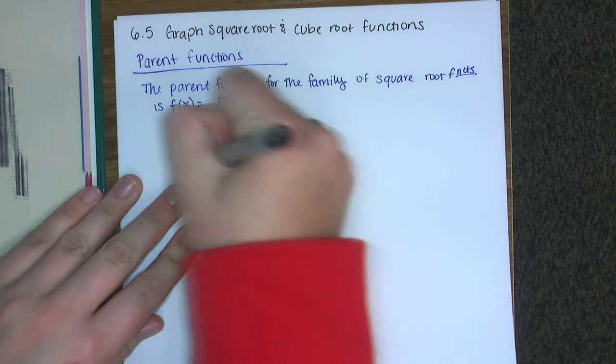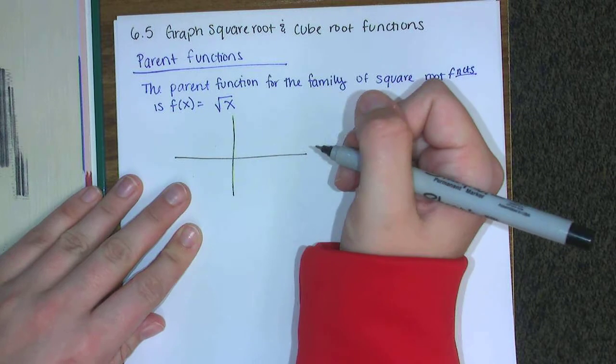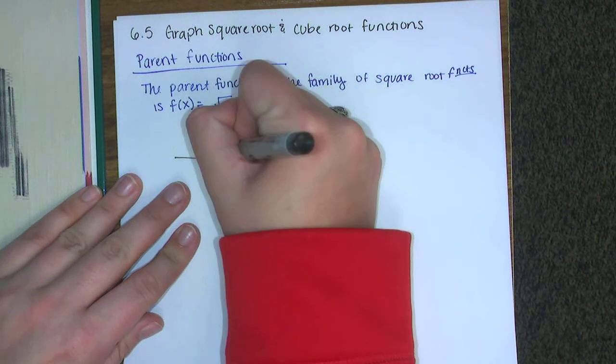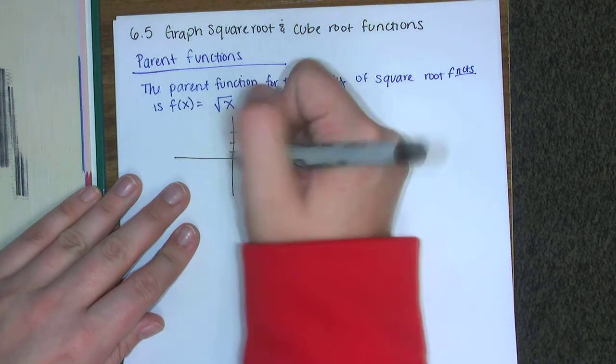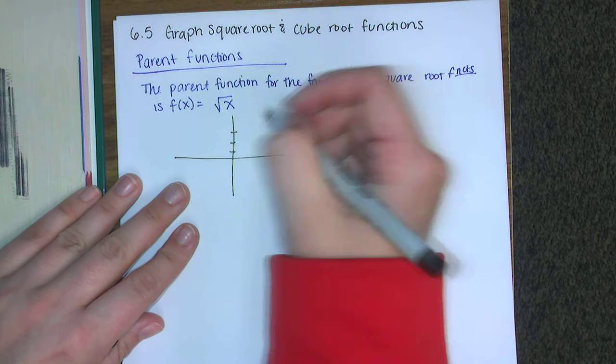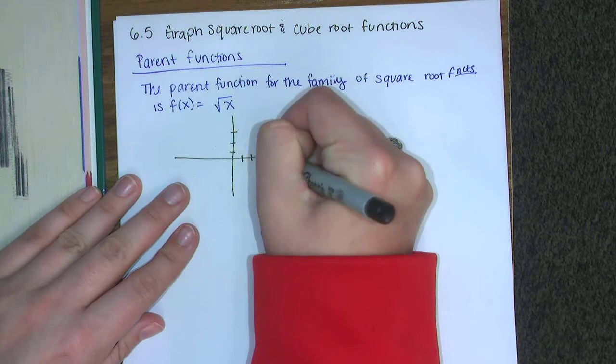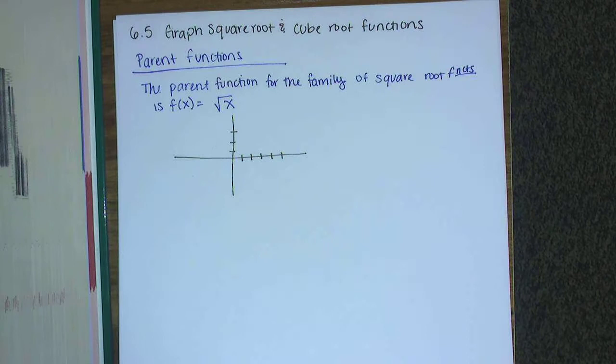So we get our coordinate axis, and we'll just go up to about 3 in the positive direction, and we'll go out to like 5 here. It always starts at the origin, because keep in mind, when we have square root functions, we can't have negative numbers.